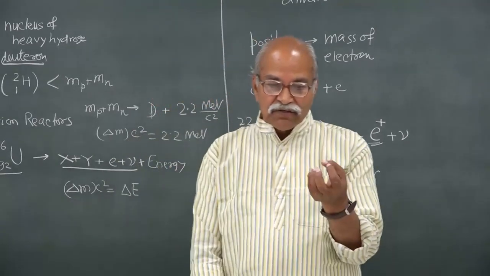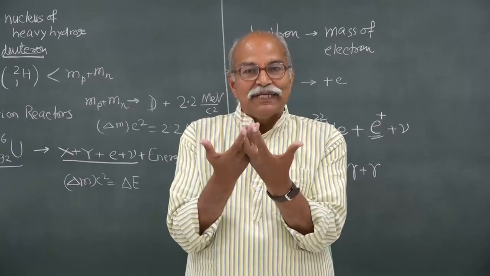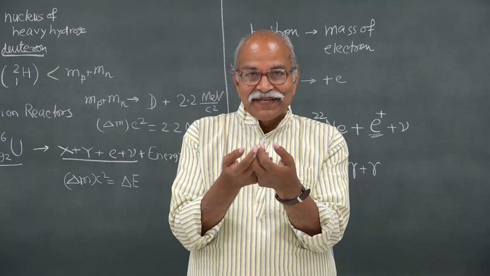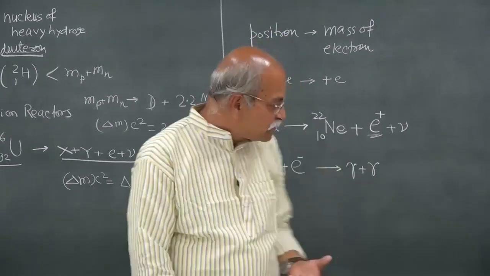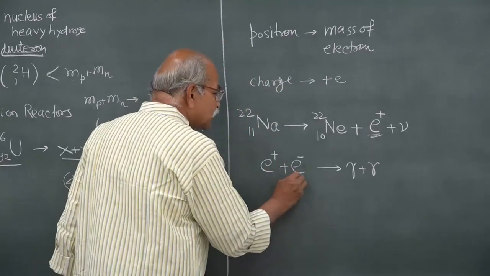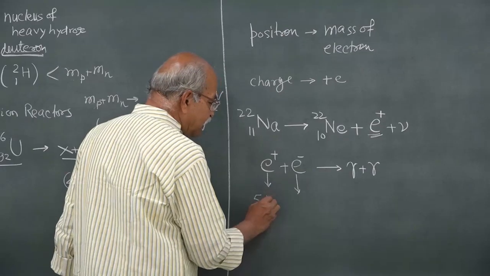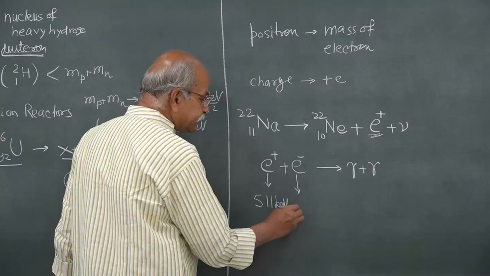If you have an electron and a positron, just close to each other to start with, this whole mass is converted into energy. How much is the mass of an electron? Mass of electron and mass of positron are both 511 keV by c square.